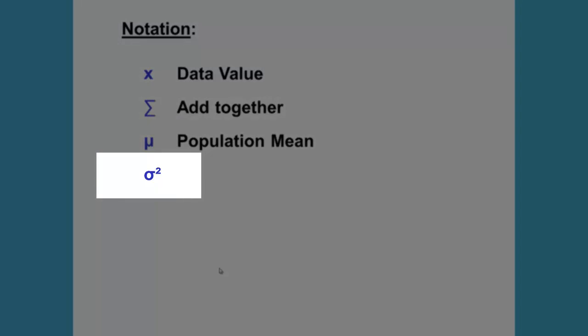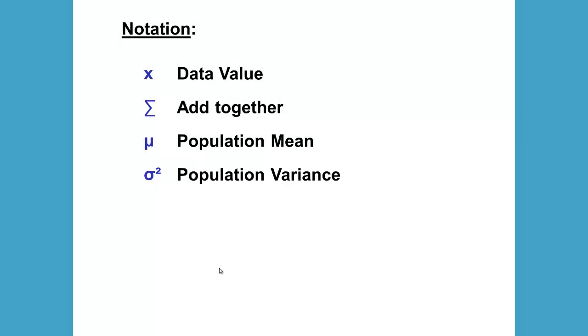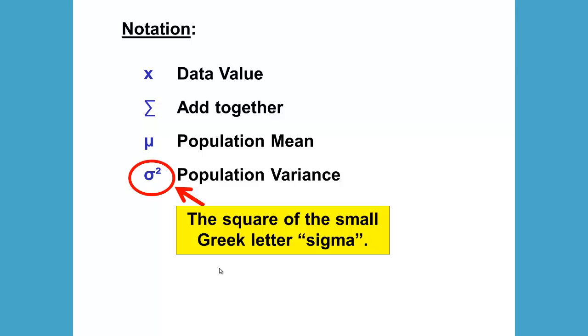Next, we have a symbol that is read sigma squared, and it is the population variance. It really squares the Greek letter sigma, and no, we haven't made a mistake. This is the lower case of the Greek letter. So both the upper and lower case form of the Greek letter sigma are used.